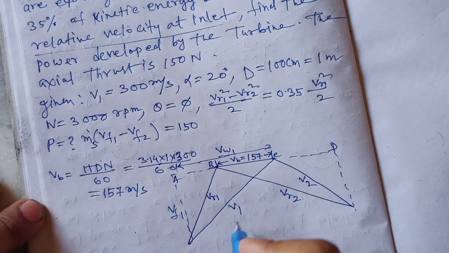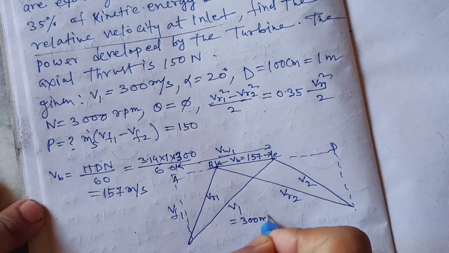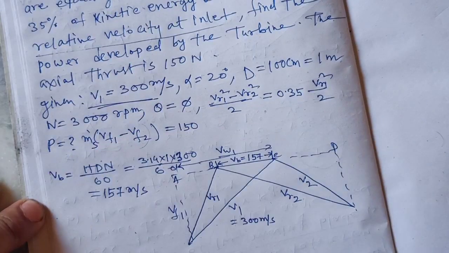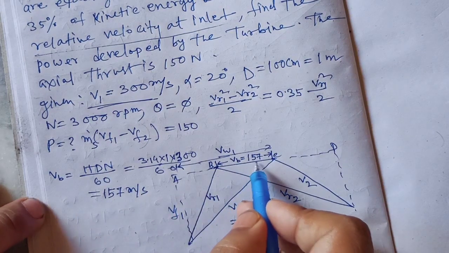Now V1 is given 300 meter per second, and we got VB is 157.